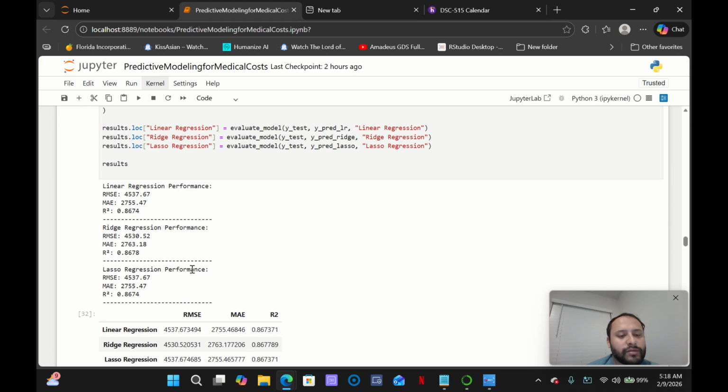Lasso regression mirrors the linear regression performance.